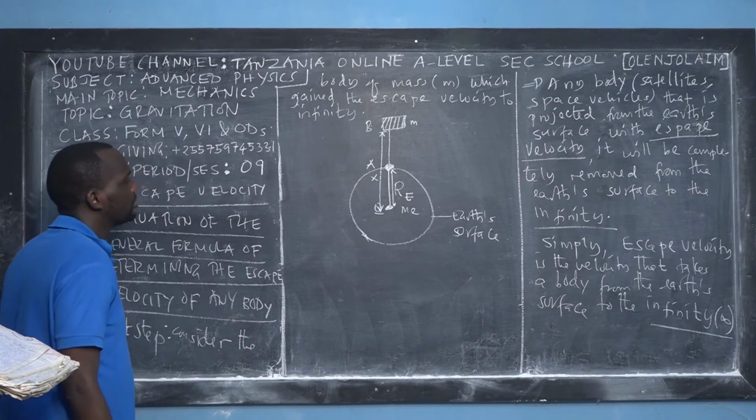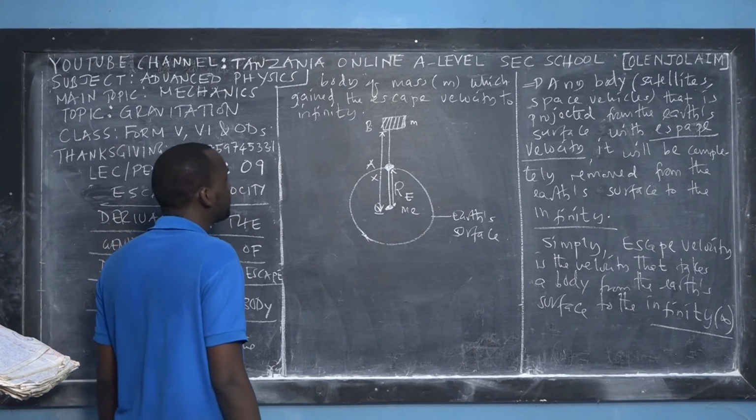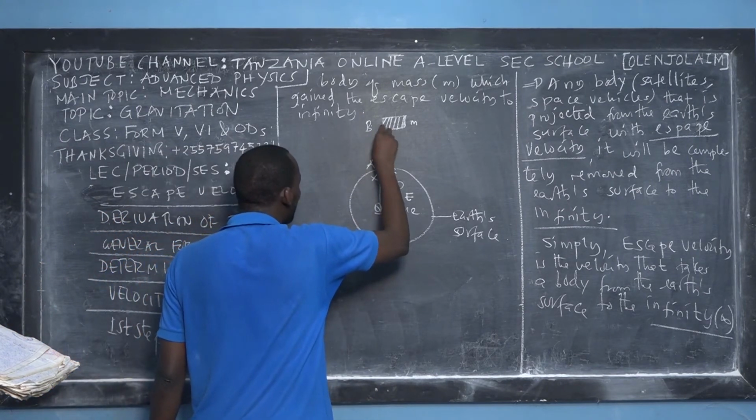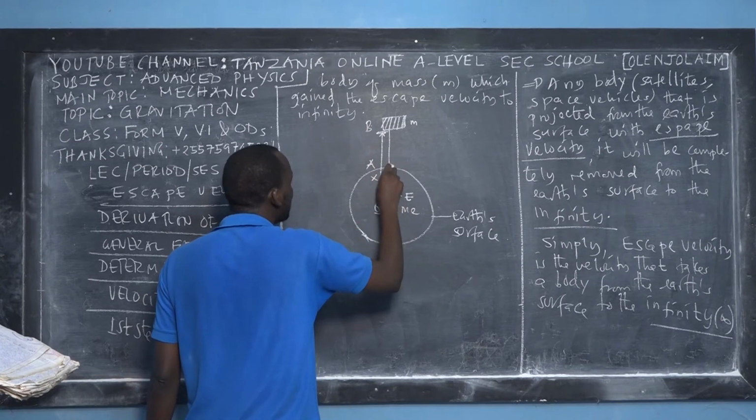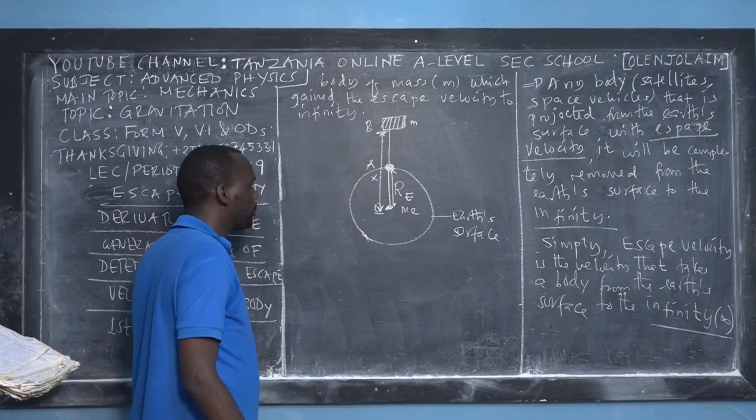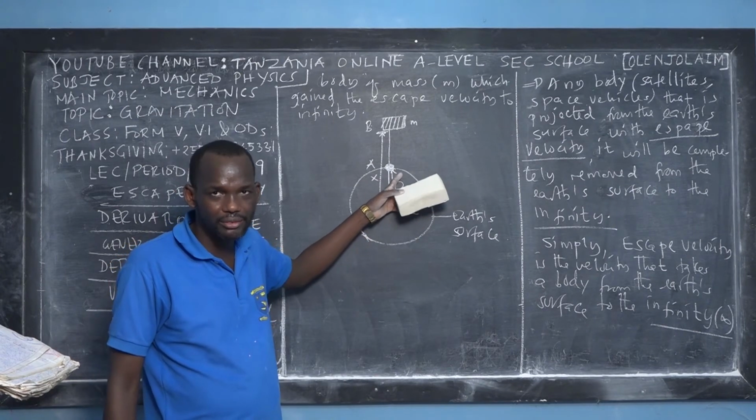Is x. Again, we say that this is the amount of work done required to remove a body from point A, where the gravitational pull is acting. Listen carefully.